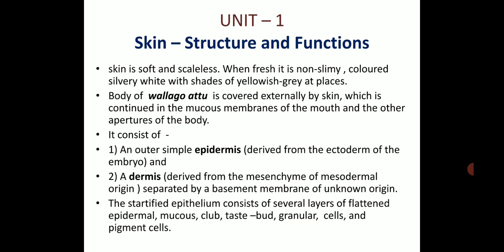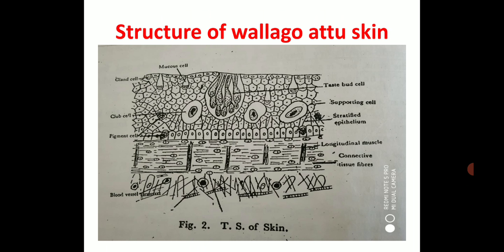In this diagram, we show the TS of the skin. This is the TS of Wallago attu. Externally we know that the skin of Wallago attu is smooth. Here in the TS of skin, various cells are present: mucus cells, gland cells.